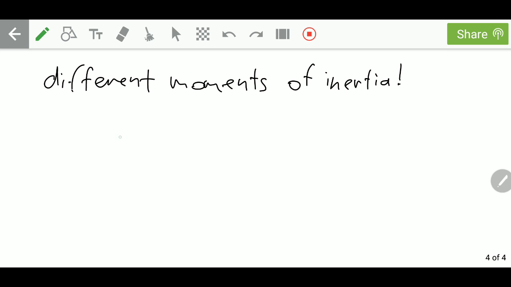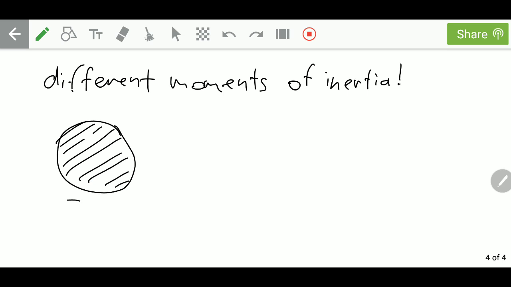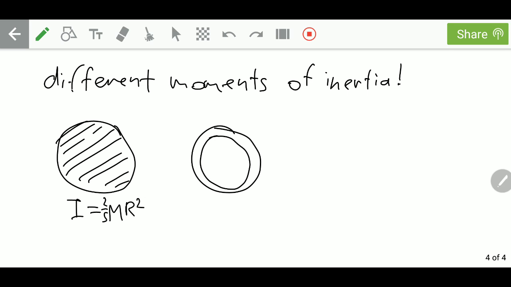So a solid uniform sphere has moment of inertia equal to 2/5 mr squared, while a hollow sphere has moment of inertia 2/3 mr squared. Intuitively, it makes sense that this should be greater because more of the mass is concentrated on the edge, away from any axis of rotation.